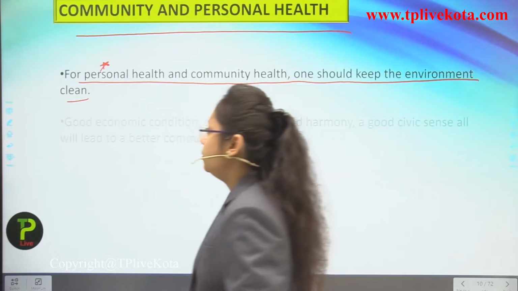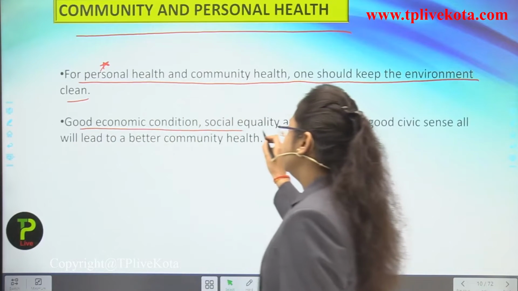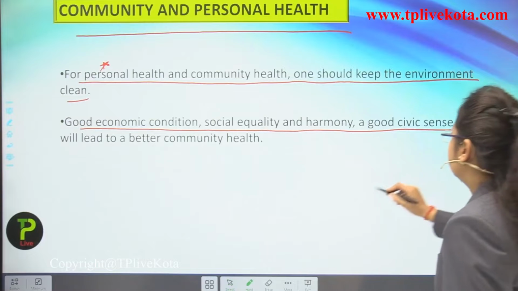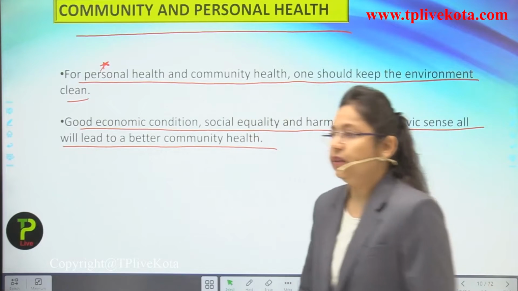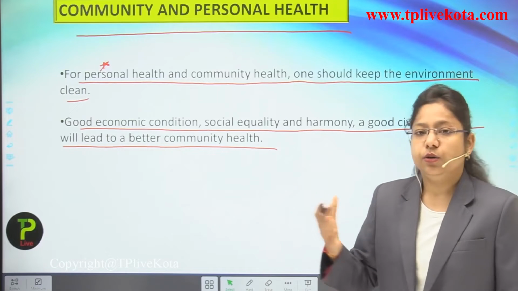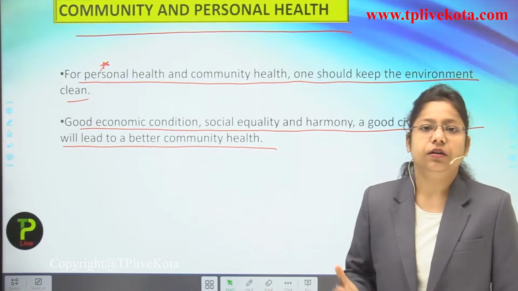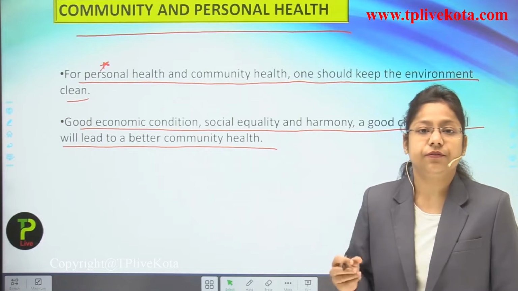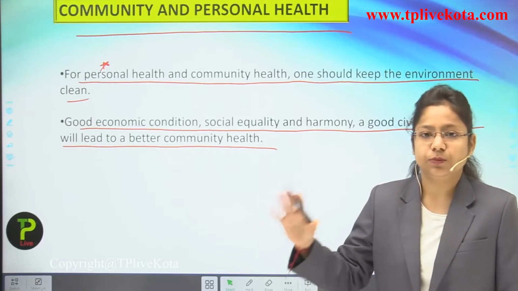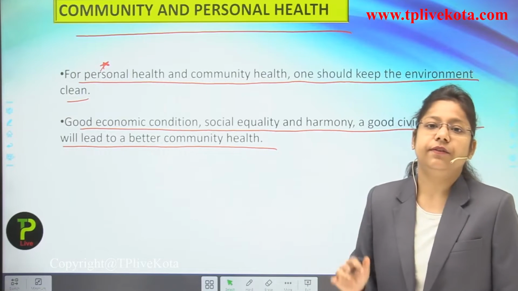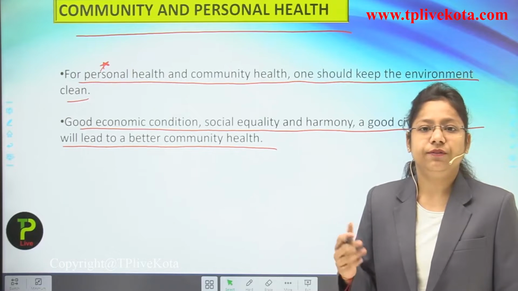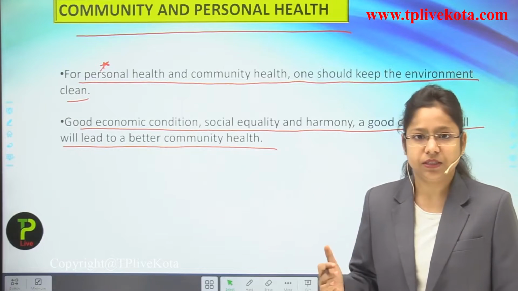Next, good economic condition, social equality and harmony, a good civic sense, all will lead to better community health. If we are throwing garbage in the disposable bins, then our environment will be very clean. Next, we will not be prone to different kinds of infectious agents like mosquitoes or flies.